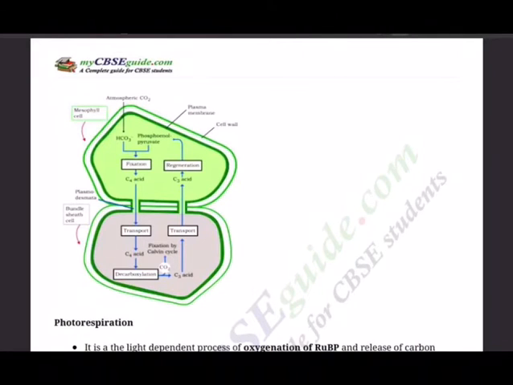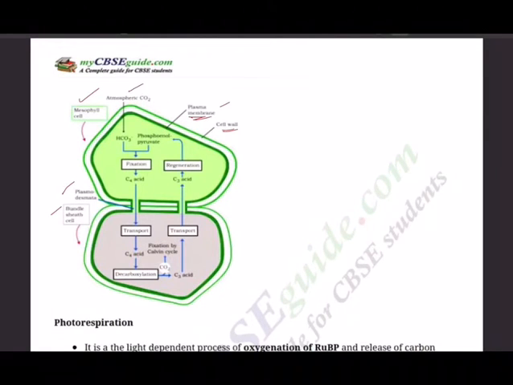You have first the mesophyll cell, this green one, mesophyll tissue, because chlorophyll will be there, and this is a bundle sheath cell. So there are 2 cells, and these are very tight. We said the cell wall will be very thick, and no spaces will be there. Between these, plasmodesmata will be there, small channels or canals, so that materials can get exchanged.